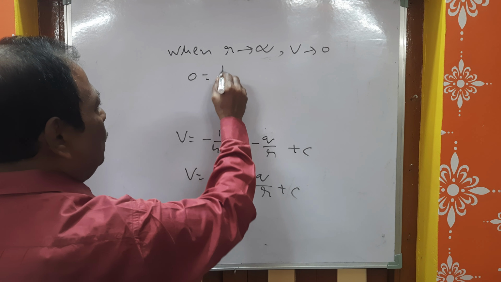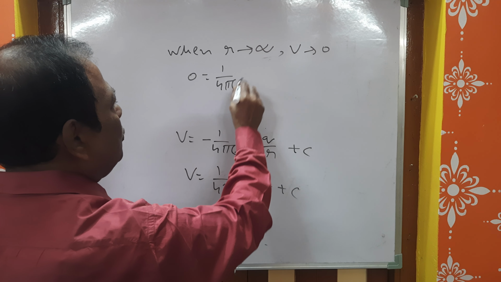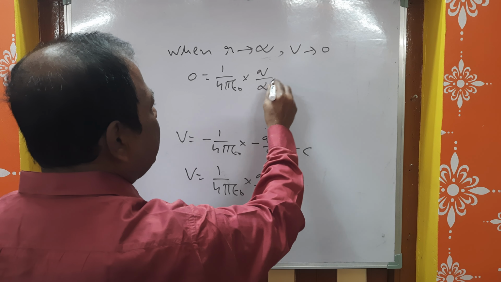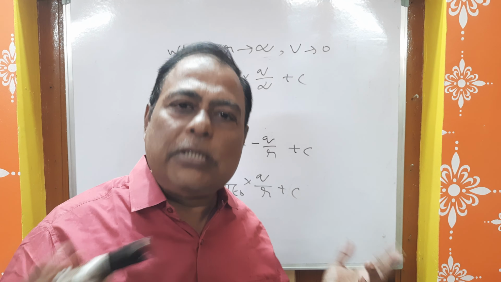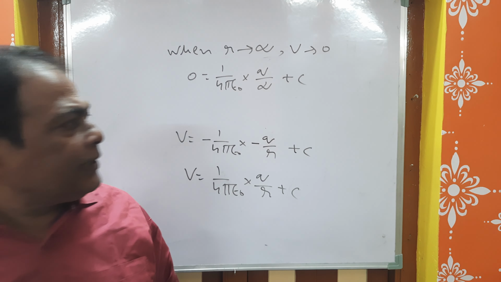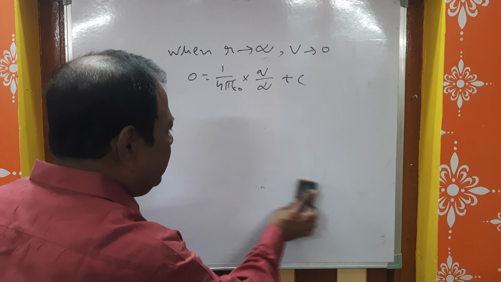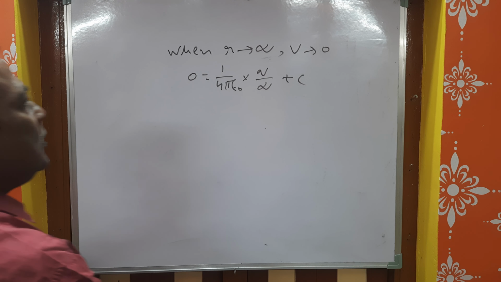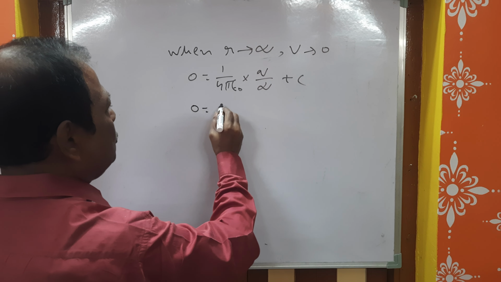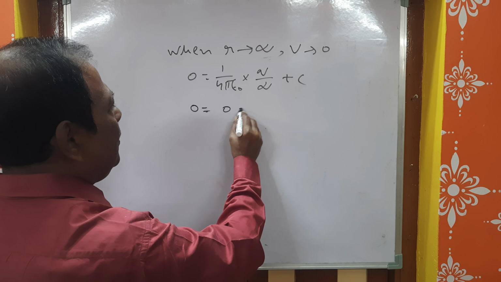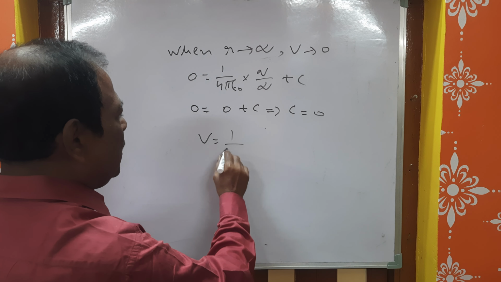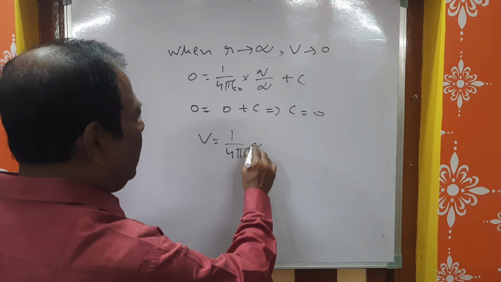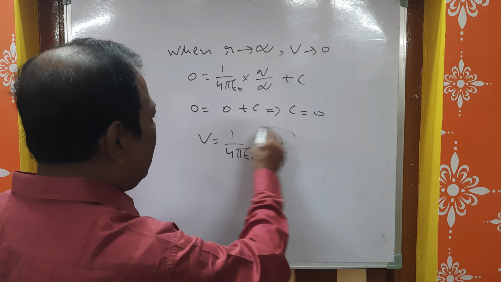So 0 is equal to 1 by 4 pi epsilon 0 into Q by infinity plus C. Something by infinity is 0. So ultimately you can write down 0 is equal to 0 plus C, that means C is equal to 0. So potential is 1 by 4 pi epsilon 0 into Q by R.